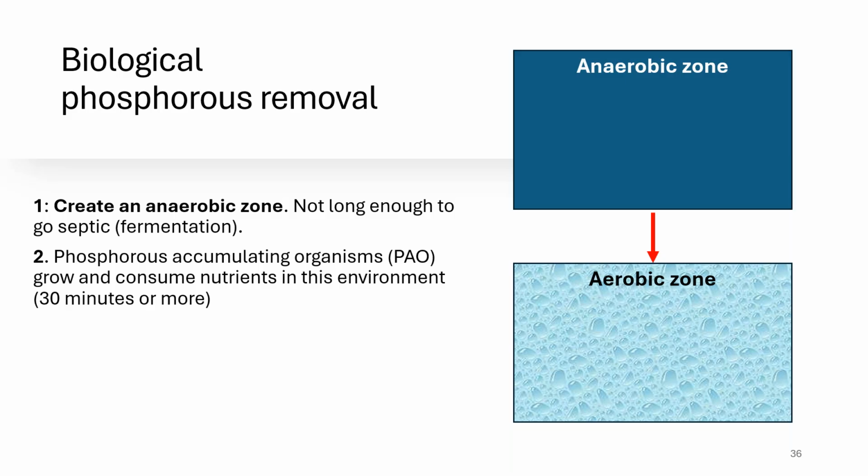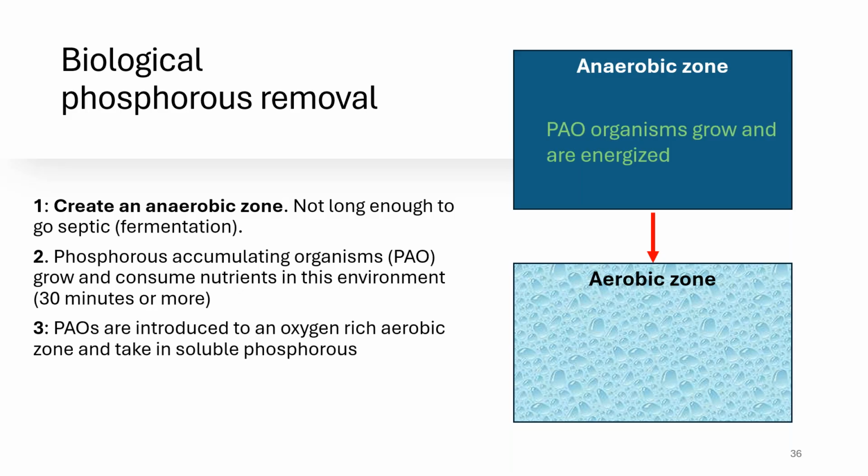They consume fatty acids and nutrients in this zone, and they become energized and populous. And then when we go to the aerobic zone, they are ready to take phosphorus into their bodies. They're actually able to accumulate phosphorus into their cellular mass, and then they're settled out as sludge, and that's how the phosphorus is eventually removed.